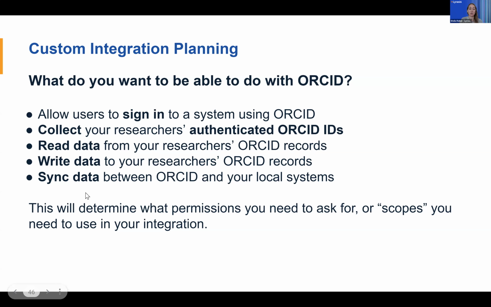And of course, if you want to keep data in sync between your local systems and what's on your researchers' ORCID records. These decisions will determine essentially what permissions you need to ask your researchers for through the API, through the OAuth process. And when we're talking about the ORCID OAuth permission process, these permissions are called scopes.